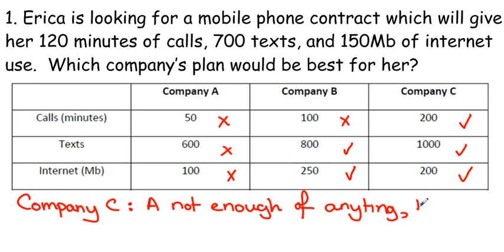And B, while it gives her enough texts and enough internet, doesn't give her enough minutes. So something like that. Write down what company works, then write down why the other two don't work. That's probably the quickest and easiest way to answer that question.